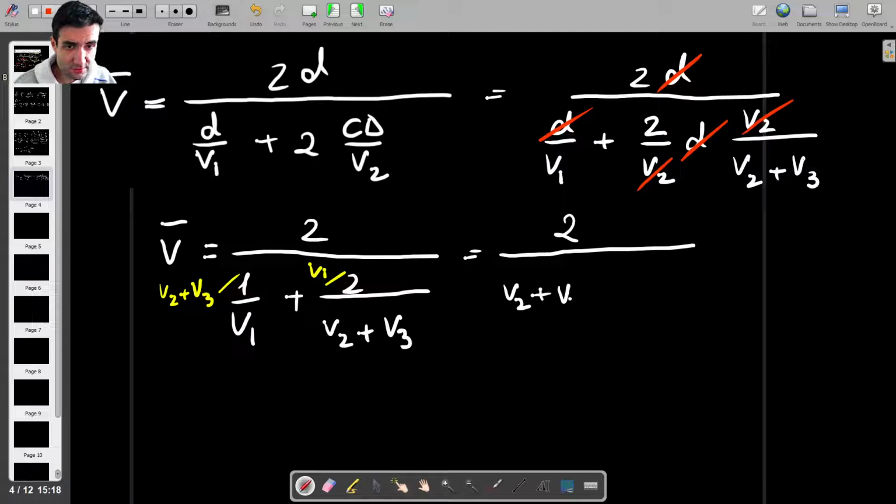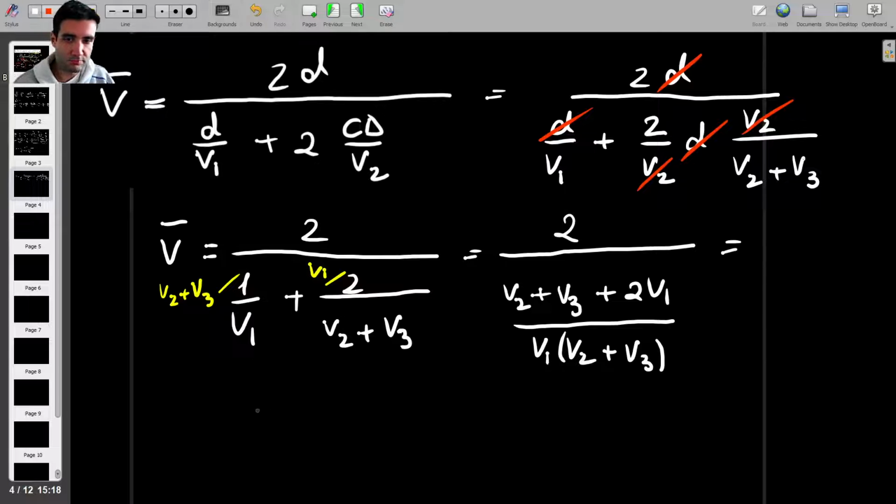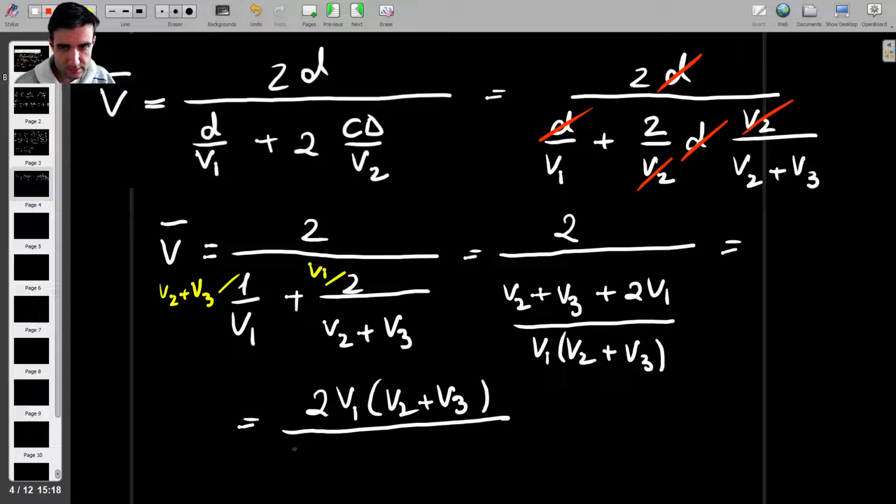So this is v2 plus v3 plus 2v1 over v1, v2 plus v3, which is, if you invert the bottom fraction, 2v1, v2 plus v3 over 2v1 plus v2 plus v3, and that is how the final answer looks in terms of the variables.